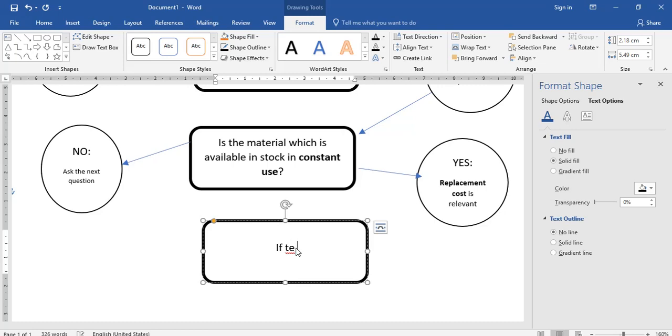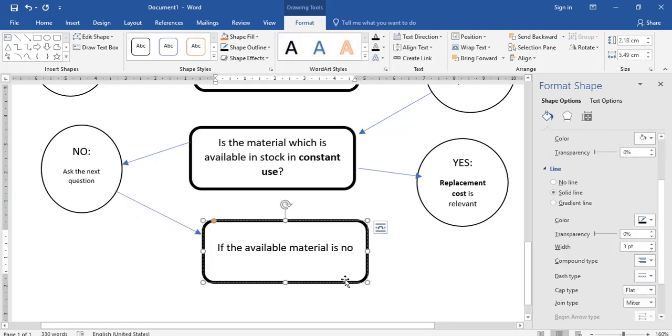If the available material is, sorry, I need to ask the next question. I'll put the arrow here.